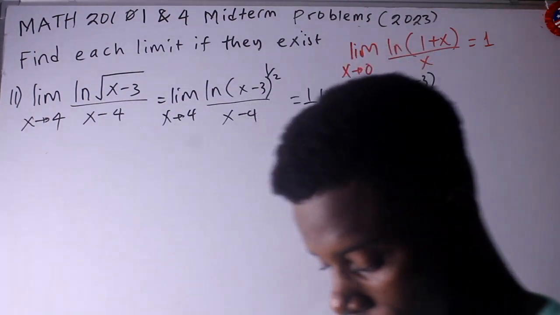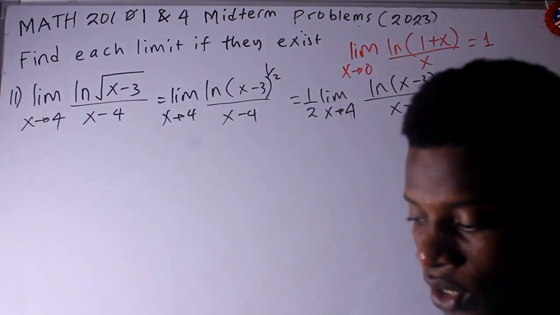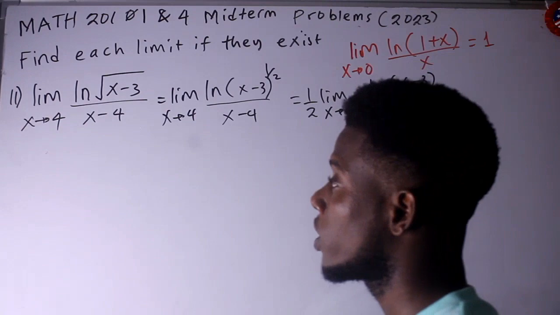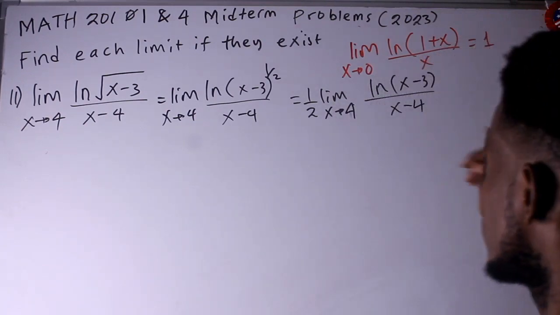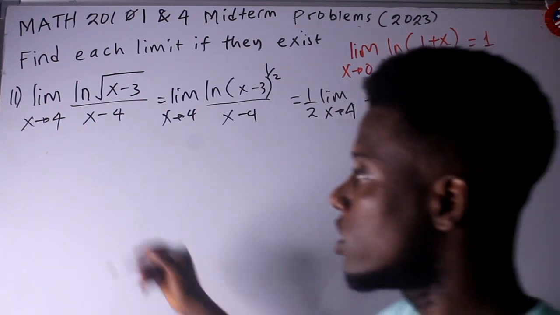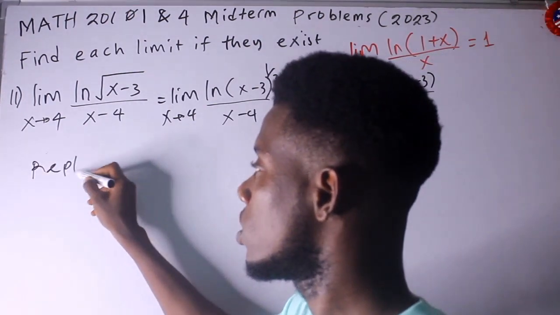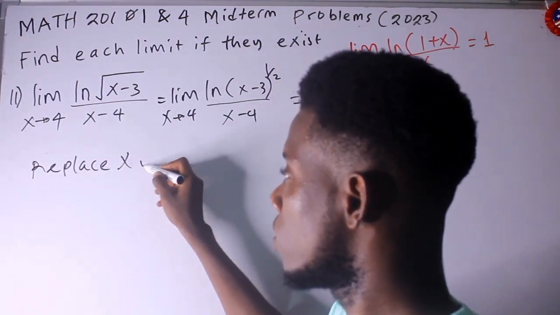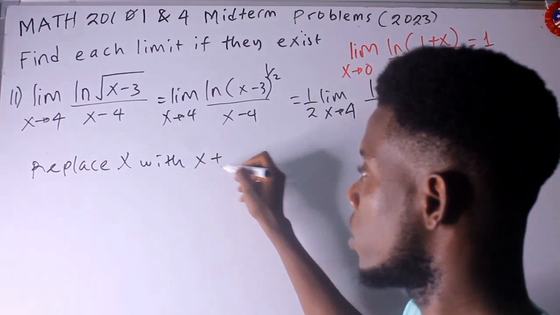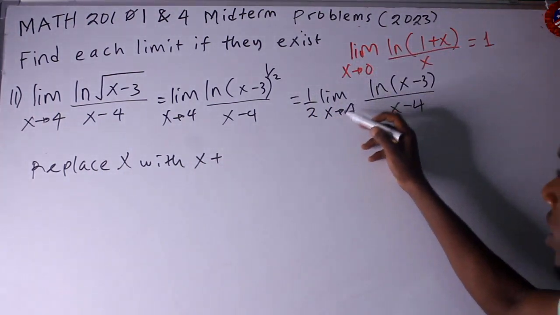Once we've had this, it is in a form in which we're about to use our little trick. We're not going to do a substitution, we're not going to change a variable. We're just going to use our little trick to evaluate this. We replace x with x plus the limiting value, in this case 4.